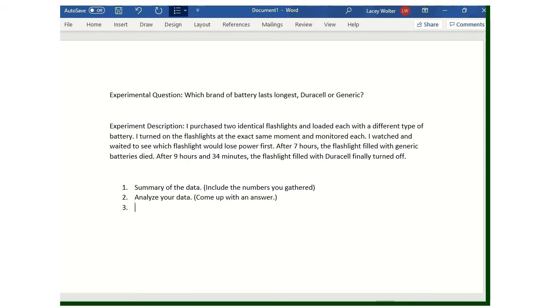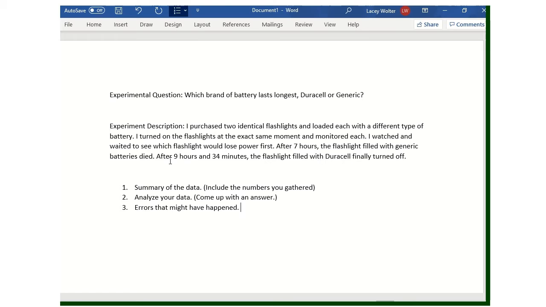Step number 3 would also be to talk about any errors that might have happened, okay? So here's what I mean. Maybe in my scenario that I was setting up the flashlights and everything, maybe a mistake I made was that I accidentally turned one flashlight on, like maybe I accidentally turned Duracell on a minute late. That could have been an error, okay?